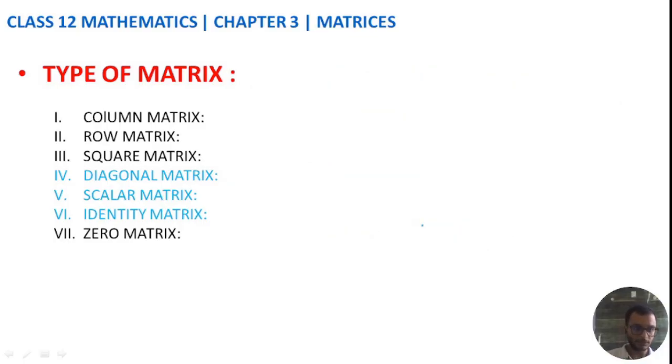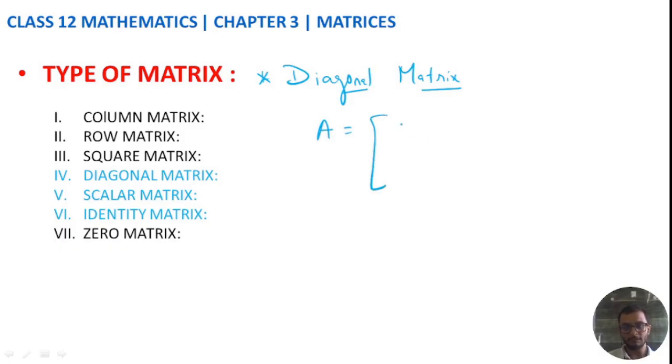So now, what is called a diagonal matrix? Next task is what is a diagonal matrix. By example I will try to explain. Suppose I am having a matrix of this type in which only diagonal elements are non-zero, then it is called a diagonal matrix. 1, 2, 3, and other elements are 0, 0, 0, 0, 0, 0.